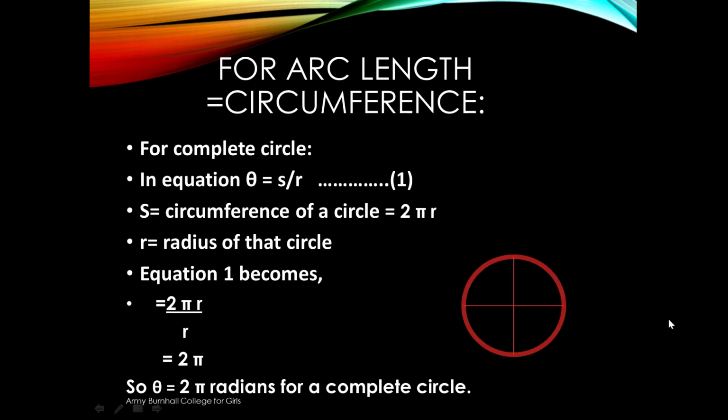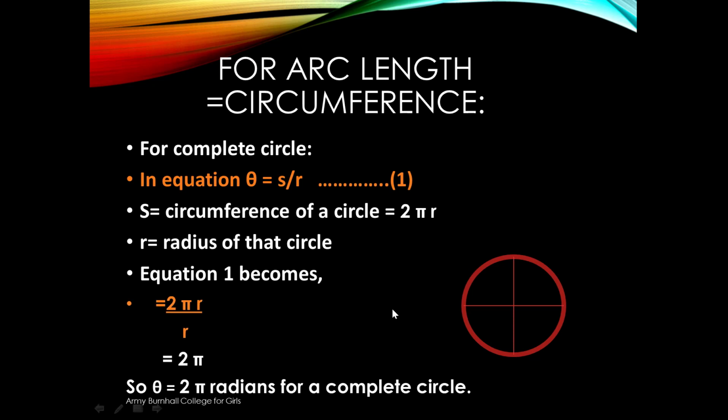But if we consider the arc length equal to the circumference of the circle, for a complete circle, we have circumference of the circle equal to 2 pi r. We will take arc length S is equal to 2 pi r, where r is the radius of that circle. Equation 1, theta is equal to S by r, will now become 2 pi r divided by r.